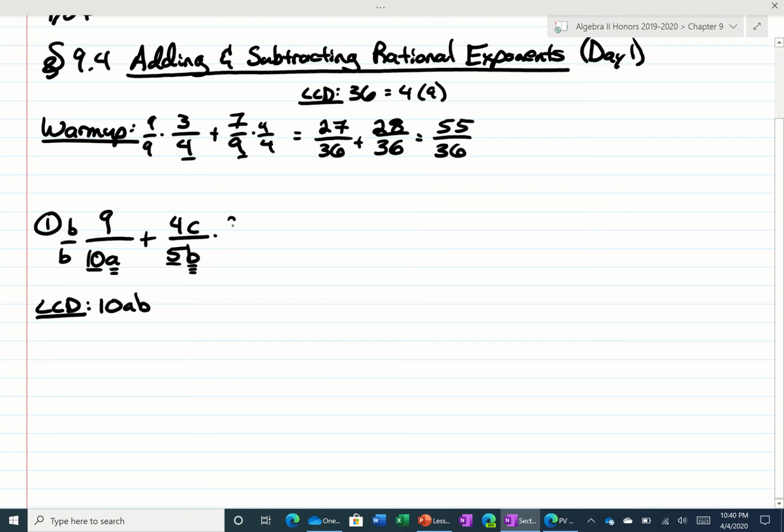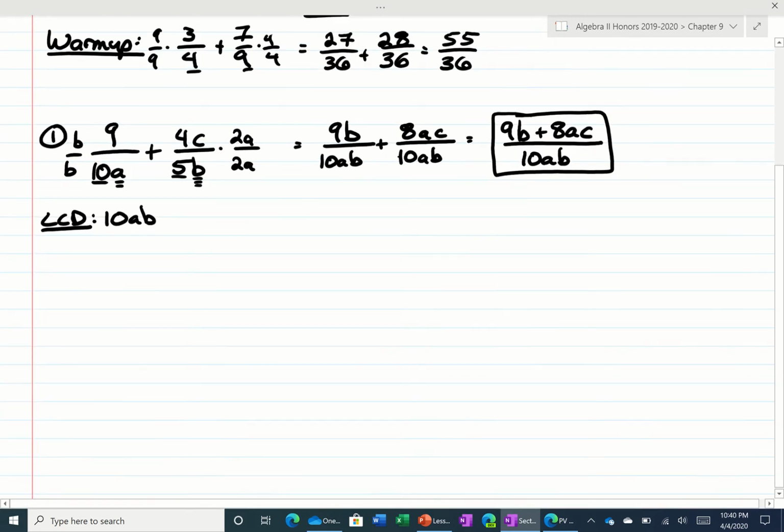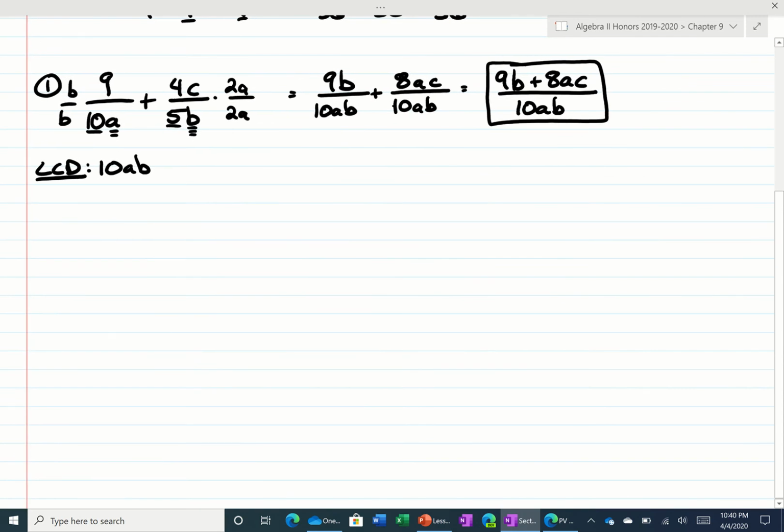I need to multiply this one by 2a over 2a. And we would get 9b over 10ab plus 8ac over 10ab. And if we combine that, it's 9b plus 8ac all over 10ab. That would be the answer. Trickiest part is finding that LCD.